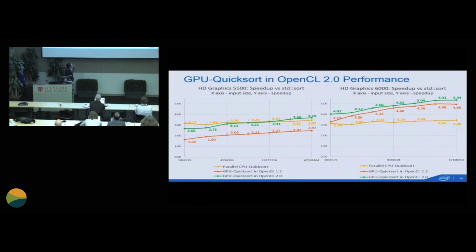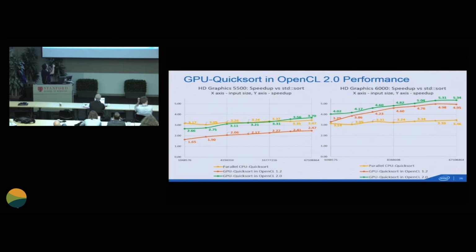On the right-hand side we have a GT3 system, which you can buy right now for about $400, so you can get yourself a nice GT3 Broadwell. The yellow line shows the speedups compared to the standard library sort routine of the parallel CPU quicksort. On 4 CPU threads, you get up to 3.5x performance increases.